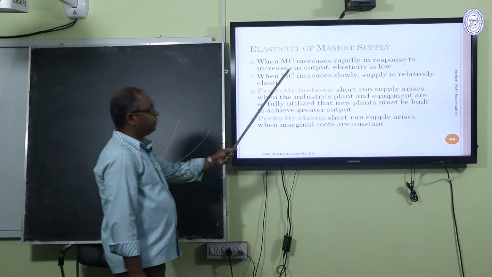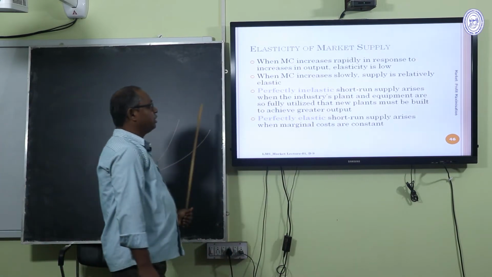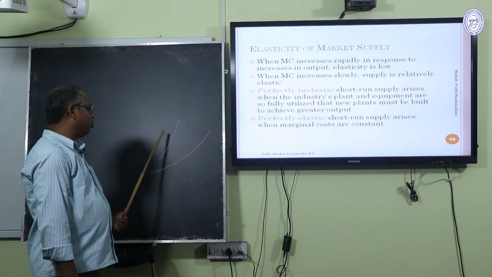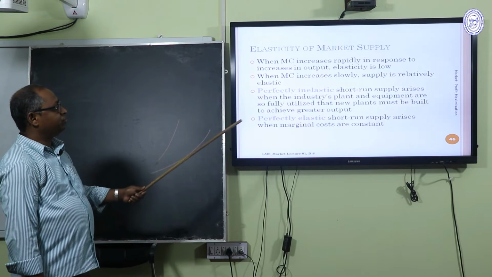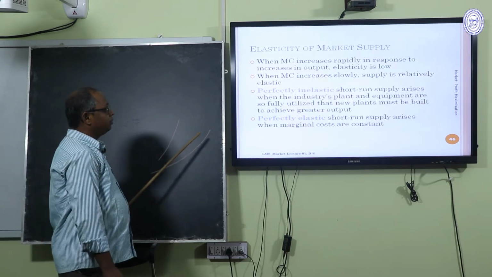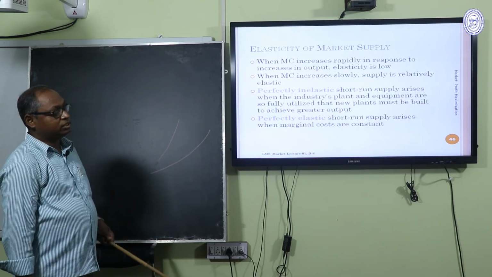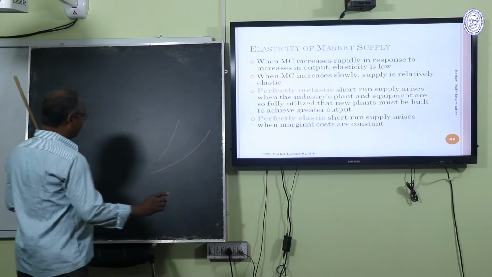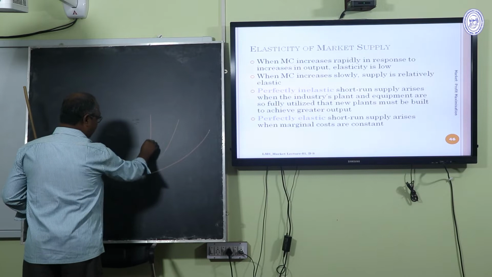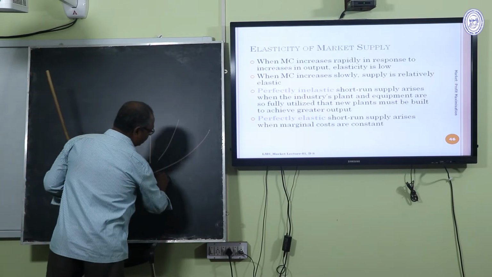So if the MC curve increases rapidly with respect to change in price, then supply is inelastic, and if the MC curve increases slowly, then it is relatively elastic. So what will happen? If four parts are there, if it's like that, or if it is like that.